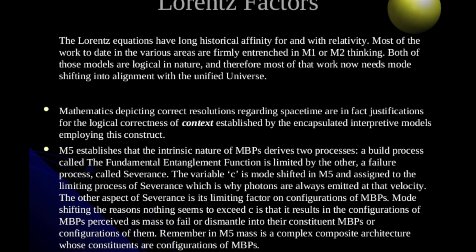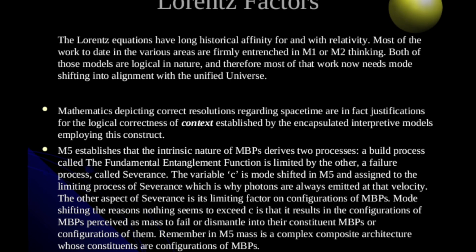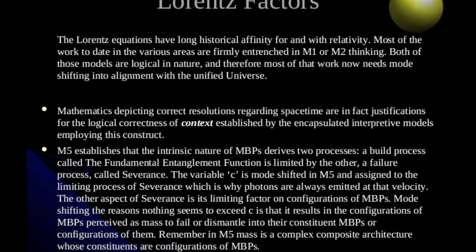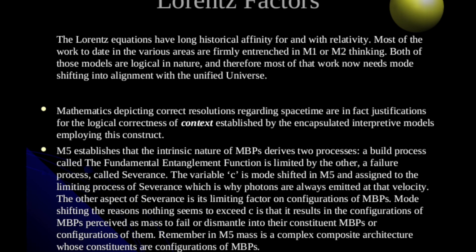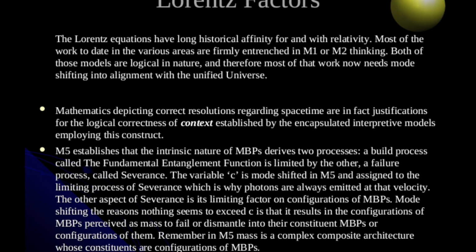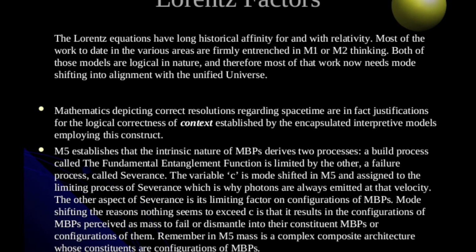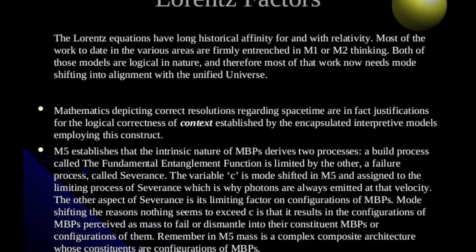And in the case of C, for example, we've used that example. When we mode shift that, it moves from associating it with the speed of light to associating it with the severance values for the photon, which result in the same speed and same velocity. But in the case of M5, it's a function of the system that produced it.